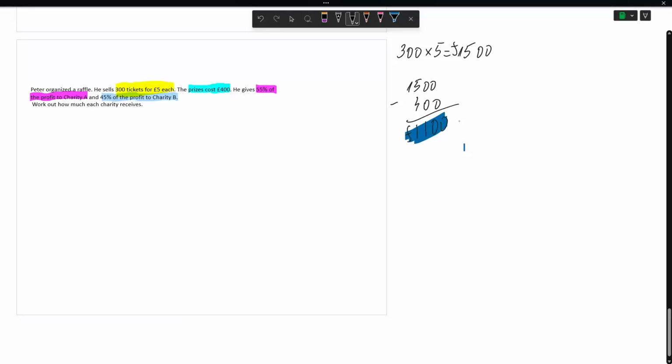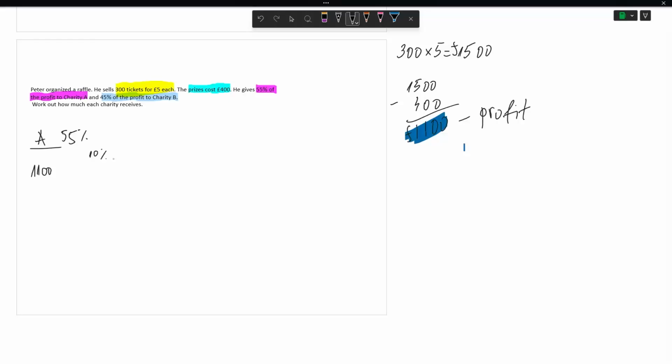Let's find first 10%. For 10% we divide by 10. So I have 1,100. I simply go one number here. So my 10% is going to be 110. So let's multiply 5 times 110 so we can find the 50%. So this is going to be 550.